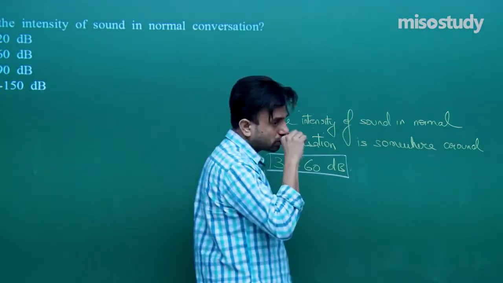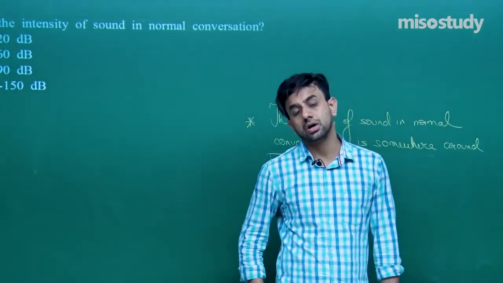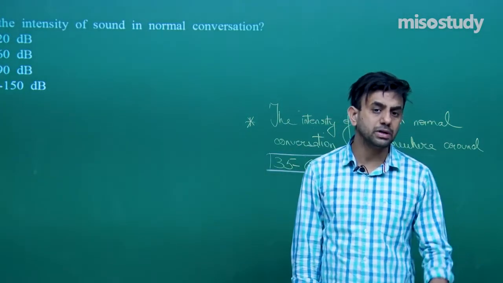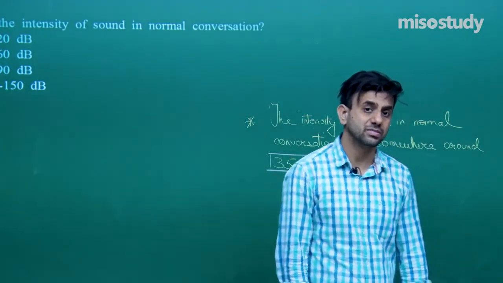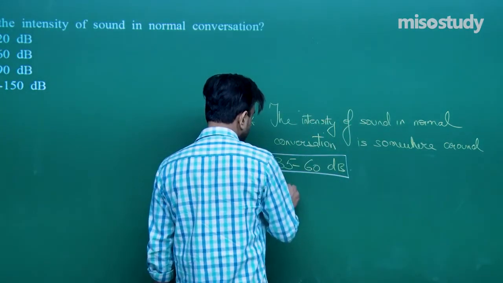Like the intensity of sound in rocket engines will be somewhere around 160 to 170 decibel. Just for a reference, I am giving you the intensity of sound.